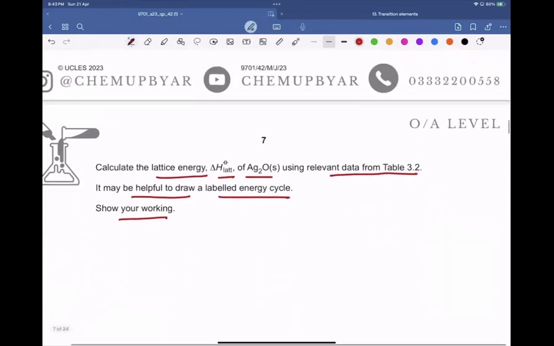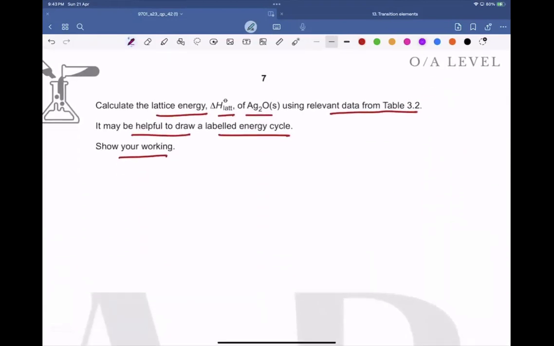If you recall the formula to find the lattice energy, the lattice energy equals the enthalpy change of formation minus the sum of atomization, the sum of ionization energies and the sum of electron affinities, because they are silver and oxygen.